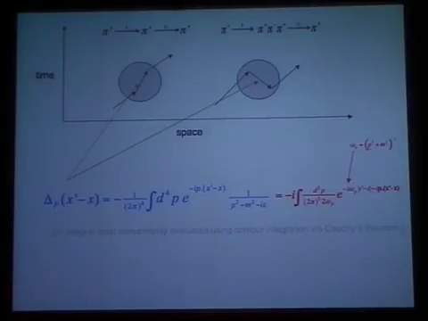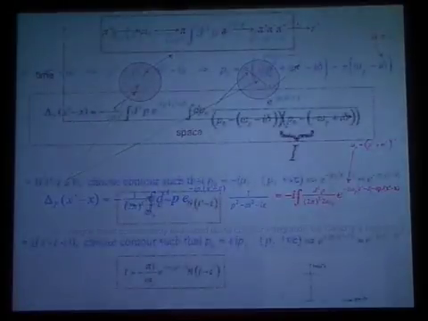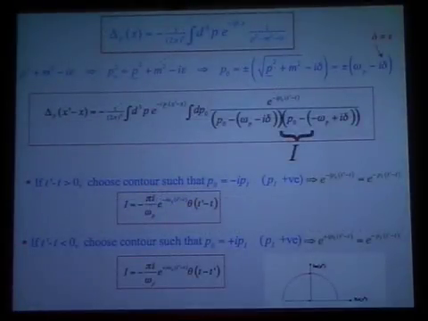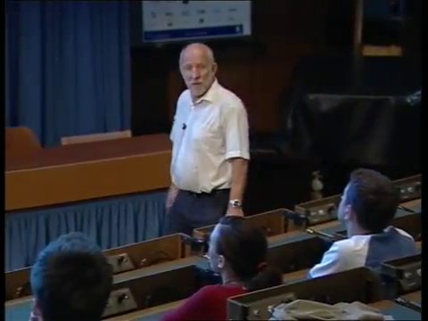And this is where Cauchy's theorem allows you to do the integral rather straightforwardly. What you do is, although this integral extends along the real axis, you close it by closing along a large semicircle in the imaginary plane above or below. You choose the point such that if I'm moving into p naught imaginary, then this exponential can become a negative exponential, e to the minus the modulus of p naught times the modulus of t prime minus t.